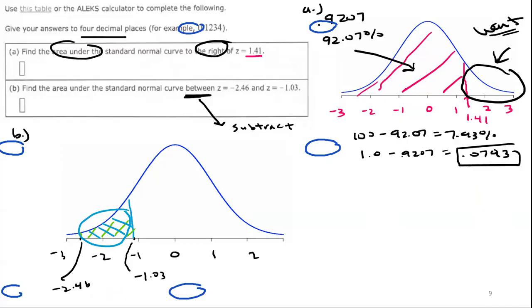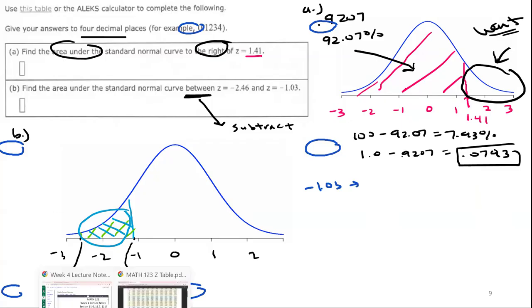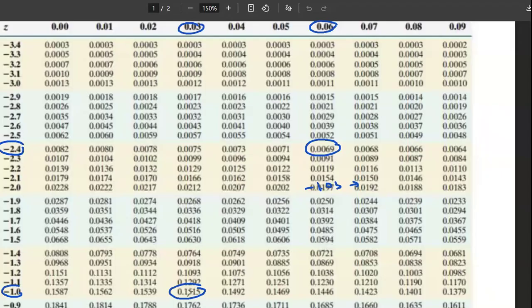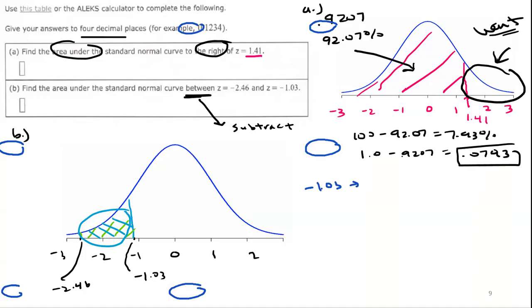Let's go back here. Again, negative 1.03 corresponds with 0.1515, and negative 2.46 corresponds with 0.0069.